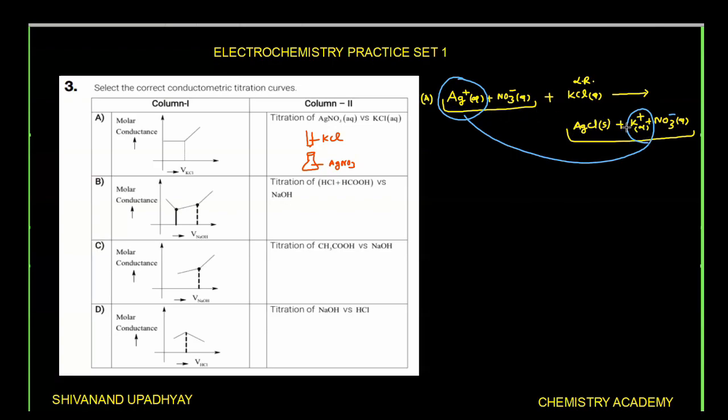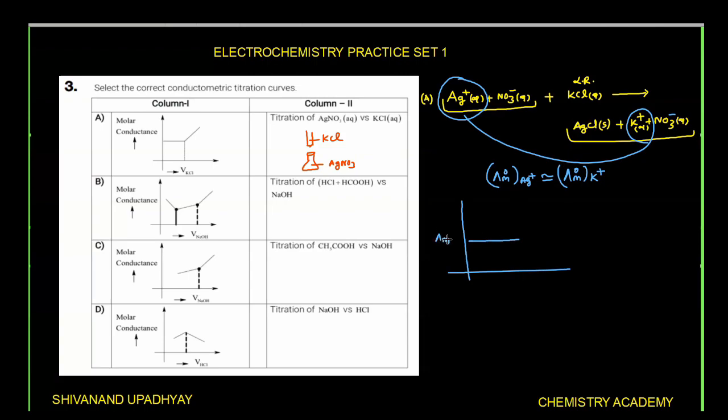Both are cations and both are monovalent. So almost lambda m naught of Ag plus ion is almost equal to lambda m naught of K plus ion. The difference between the molar conductivity of monovalent cations Ag plus and K plus is almost equal. So when this titration is going on, Ag plus is replaced by K plus. So the change in molar conductivity will be negligible.